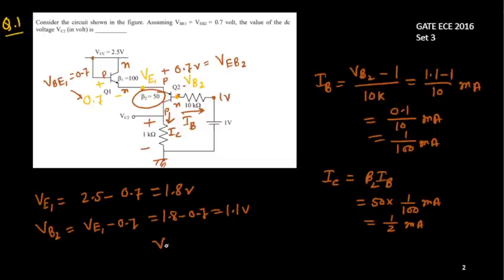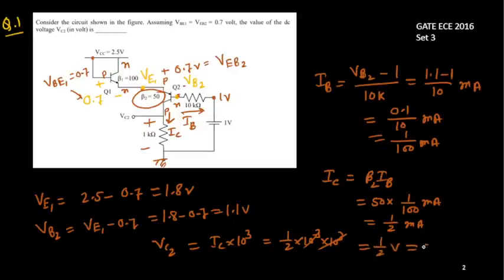So what is VC2 then? It's simple, I into R. IC into 1K, that is 10 to the power 3. IC is half milliampere, 10 to the minus 3, and this is 10 to the power 3. These two cancel, so it will be half volt, 0.5 volt. So this is the answer: VC2 is 0.5 volt.